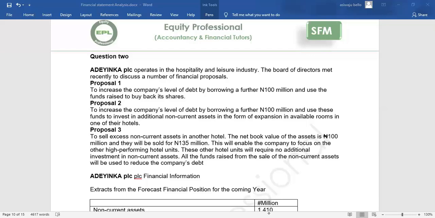So proposal 2 now. Proposal 2: increase debt by 100 million.